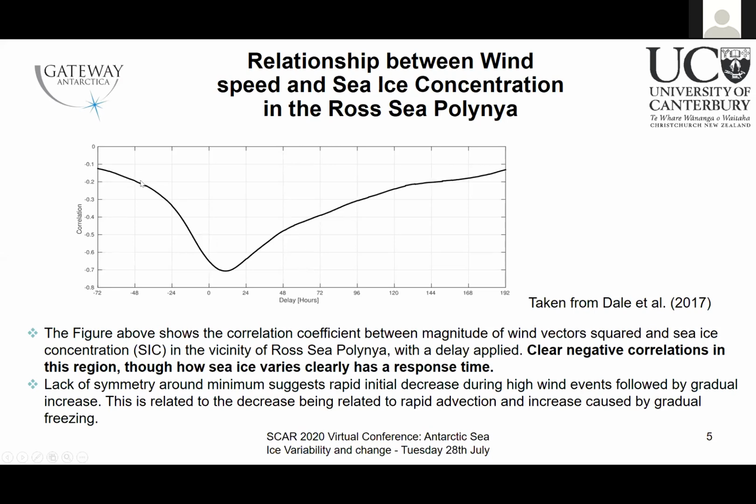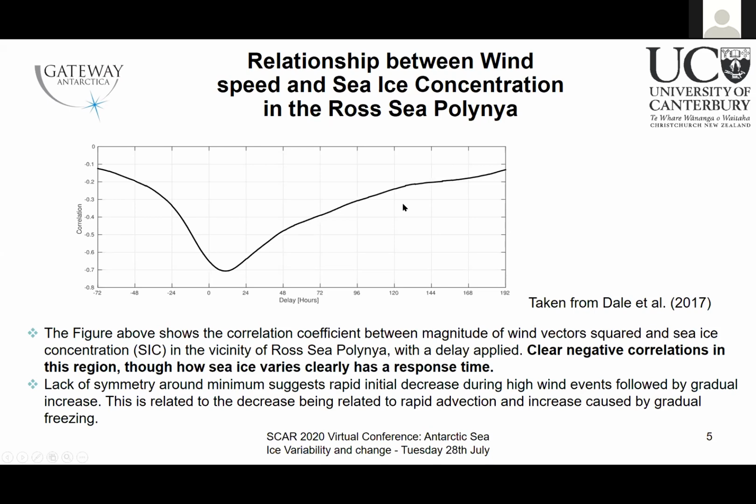You also note that if we look at this side relative to this side, there's an asymmetry in the form of the correlations, and we identified that this was likely associated with rapid advection having an effect early on at this point, and then more gradual freezing processes occurring and closing up the polynya later on.